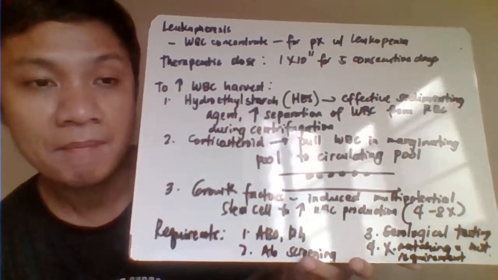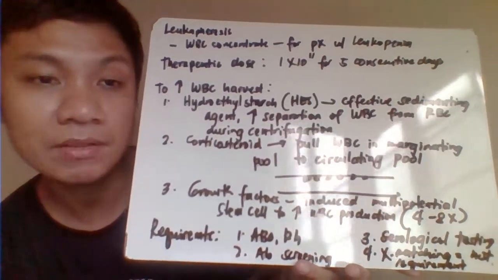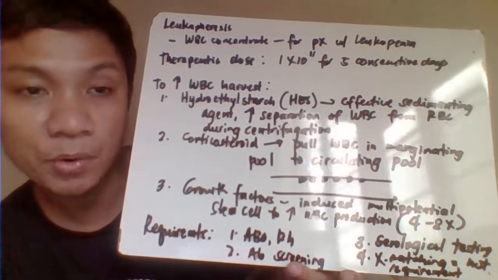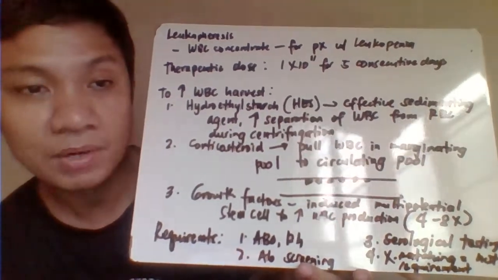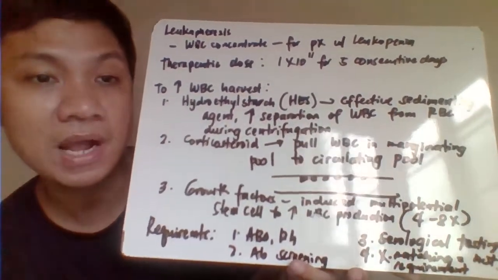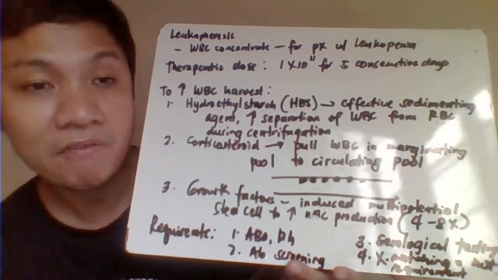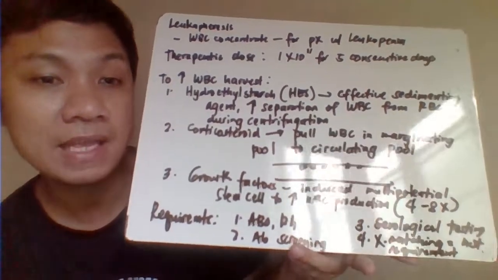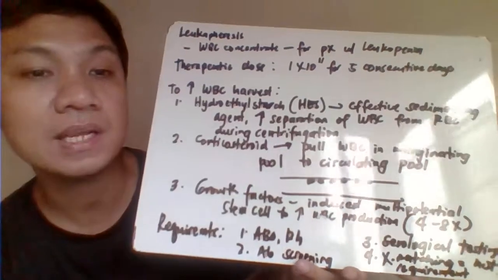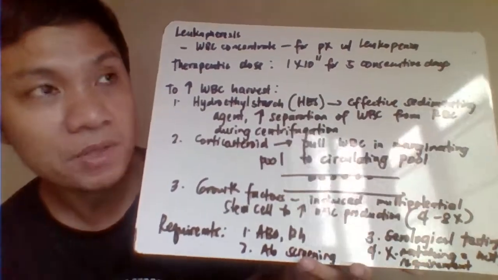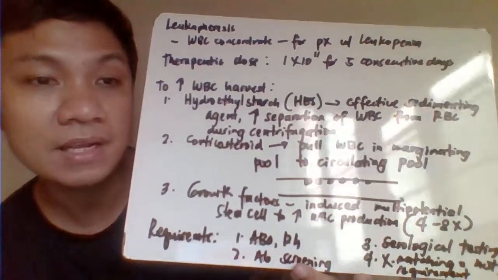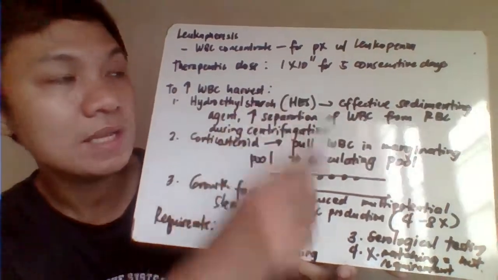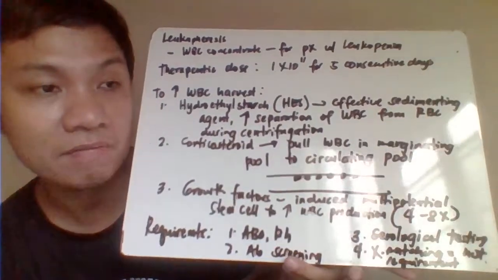Remember that pag mababa ang WBC count ng patient natin, the patient will be prone to your infection because our WBC serve as our soldier against your infection. And therefore, kailangan na bigyan natin ng granulocyte concentrate ang ating patient. Okay, therapeutic dose here of your granulocyte concentrate is 1 times 10 to the 11 for 5 consecutive days.